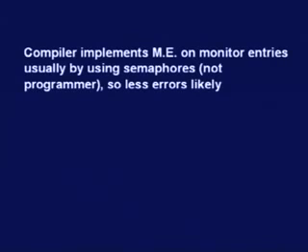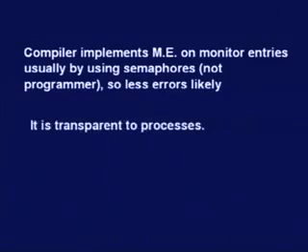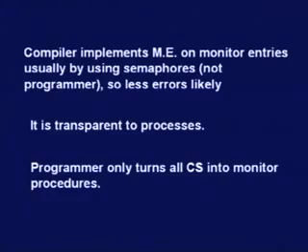We have already said that since the compiler implements mutual exclusion in monitors, errors are unlikely, unlike what we had in semaphores. And this implementation of the mutual exclusion is transparent to the processes. All that the programmer has to do is to turn all critical sections into monitor procedures.